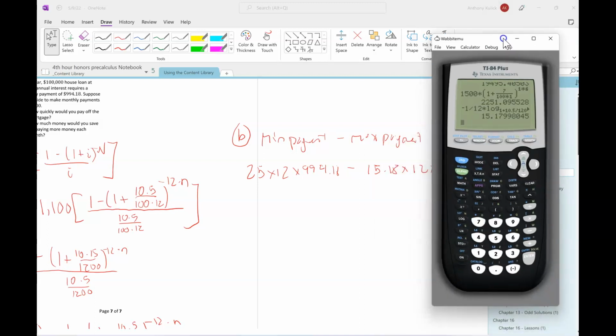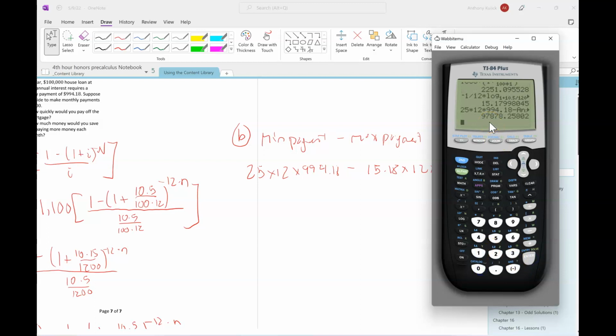So 25 times 12 times 994.18, minus 15.18, you know what? I'm going to be super precise. I'm going to do the answer times 12 times 1,100.